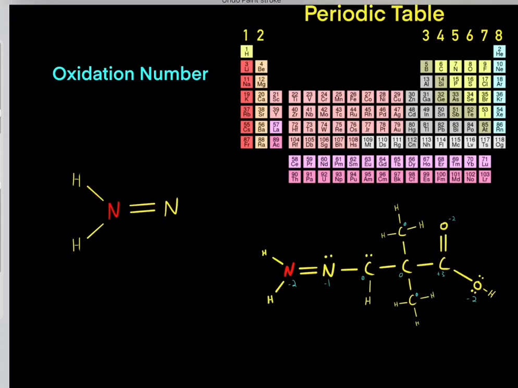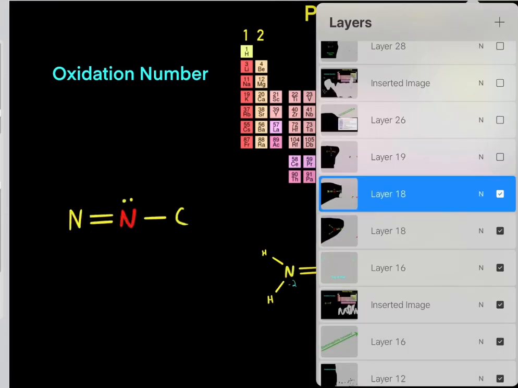So therefore, in this tug-of-war battle, nitrogen's going to win. So it's going to steal those negatively charged electrons. So that's one negatively charged electron it's won. And it's also going to win this battle. So that's another negatively charged electron it wins. However, nitrogen has the same electronegativity as this nitrogen because they're both nitrogen. So both of these tug-of-war battles are draws. So we see this nitrogen won two tug-of-war battles. So it has an oxidation number of -2.